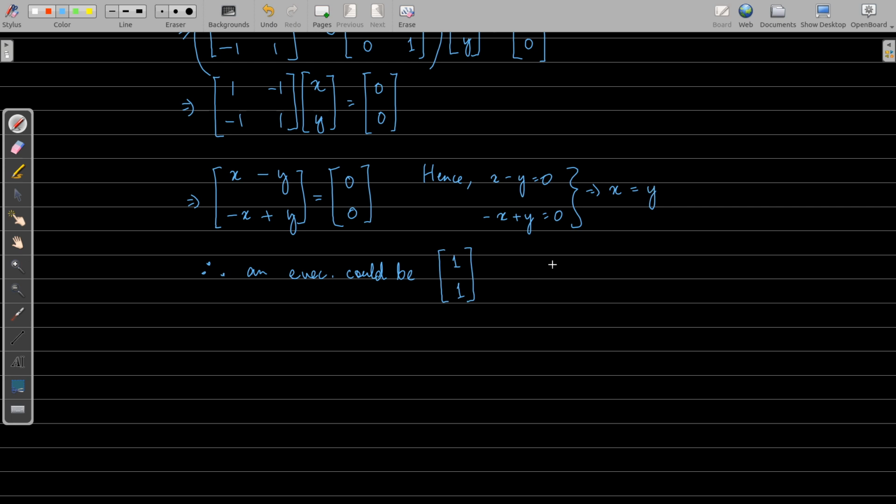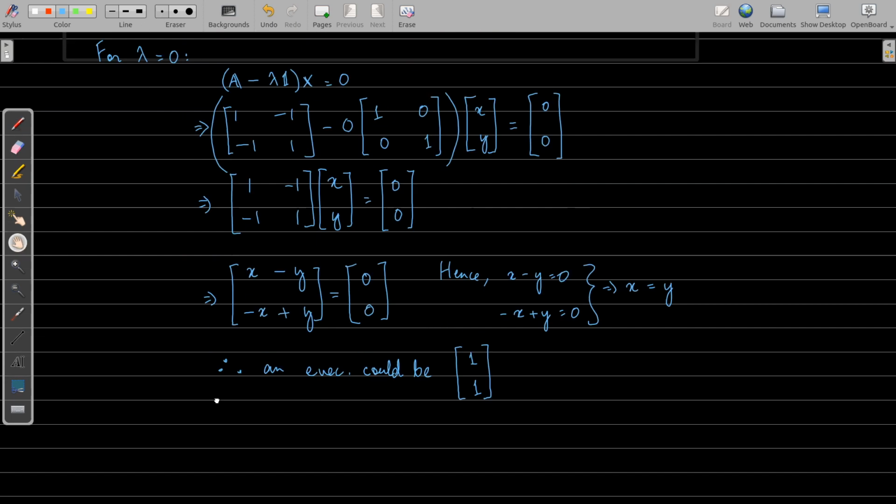You could have other eigenvectors also. 2, 2 is also an eigenvector, and 3.7, 3.7 is also an eigenvector. Basically both of these values must be the same. But it's easier to choose the simplest one, which is simply 1, 1. So 1, 1 is the eigenvector that we are interested in.